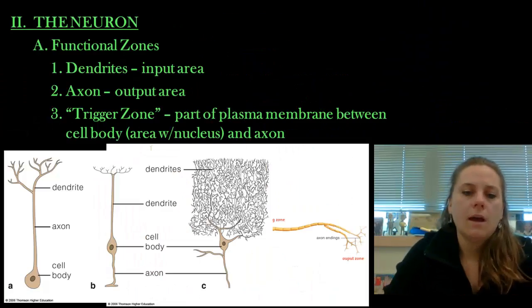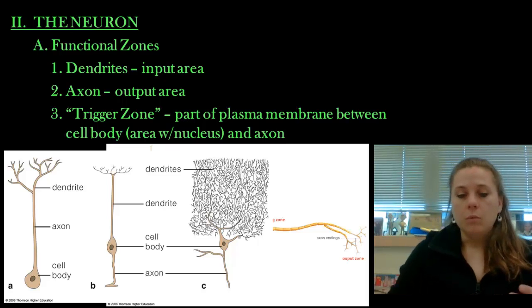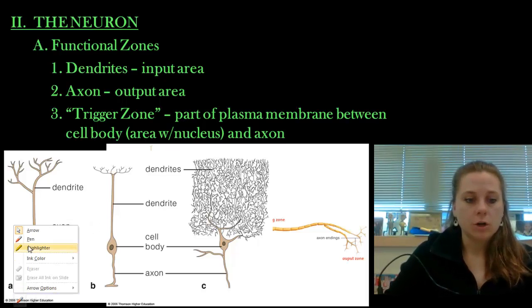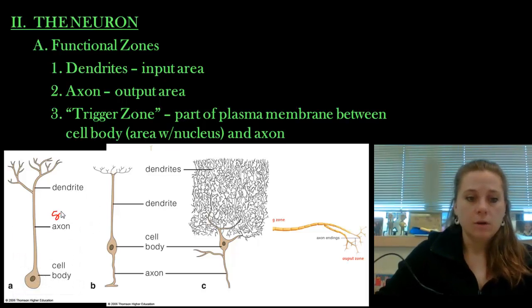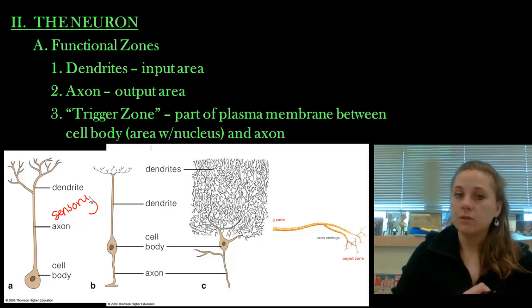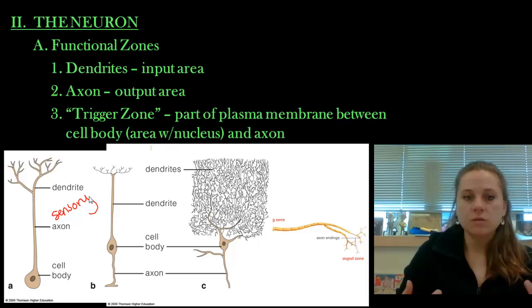We have multiple types of neurons in our body. We have these types A and B right here. These are considered to be sensory neurons. They're going to take in an input, so maybe the neurons that sit on the surface of our skin to sense temperature, cold. So sensory neurons.